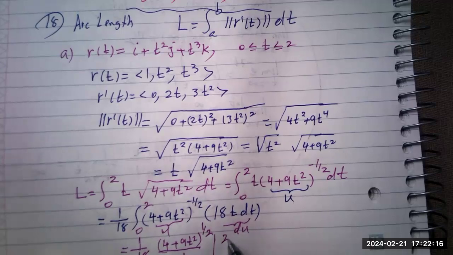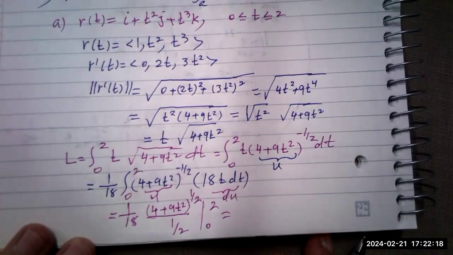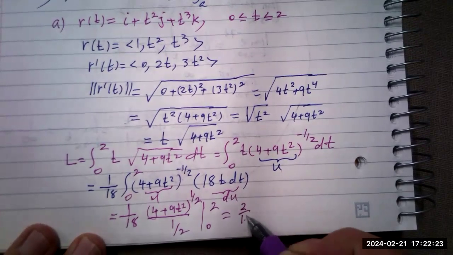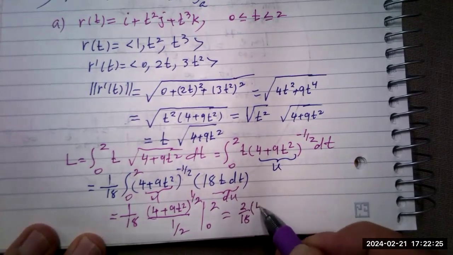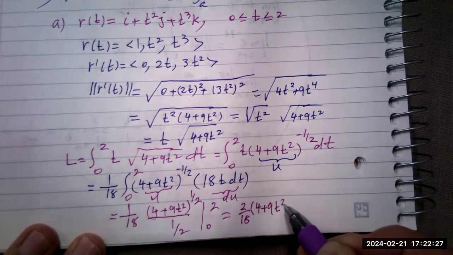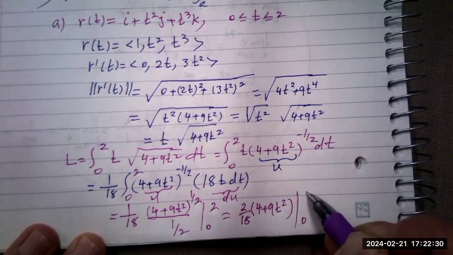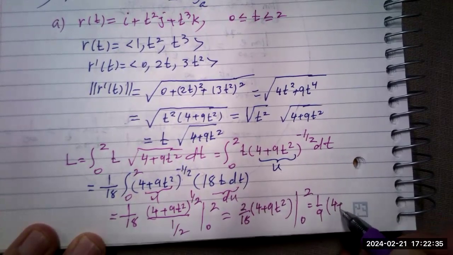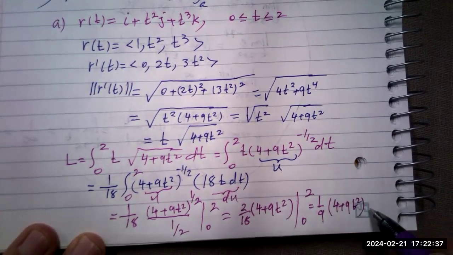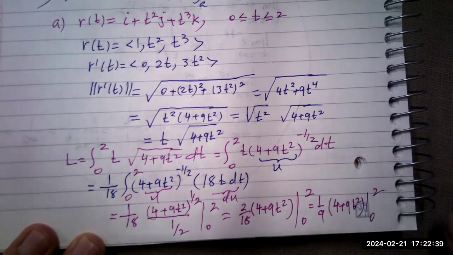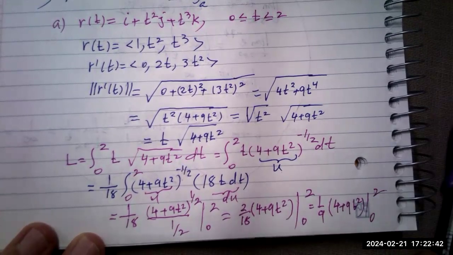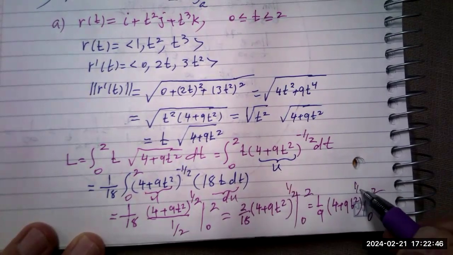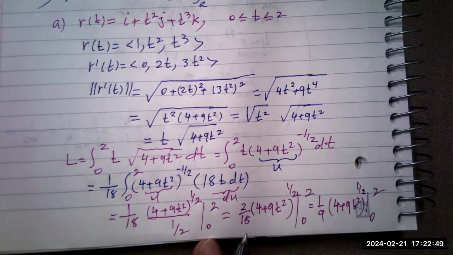The reciprocal of the 3/2 would be 2/3, so that gives you 2/54 times (4 plus 9t squared) to the 3/2, from 0 to 2. Okay, you substitute and you get the result.